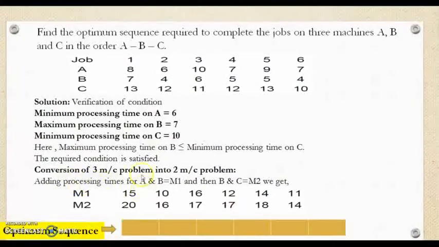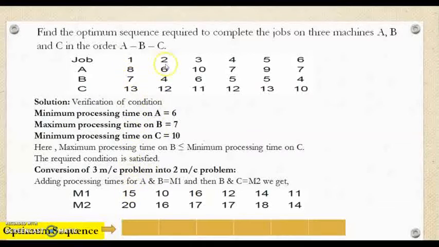Now I explain here how the 3 machine problem is converted into a 2 machine problem. Here I have taken the 2 machines M1 and M2. M1 is the combination of processing times of machines A and B, while machine M2 is the processing times of combinations of machines B and C. If you observe here, for the first job on machine M1, the processing time is the addition of processing times on A and B, that is 8 plus 7, we get 15.